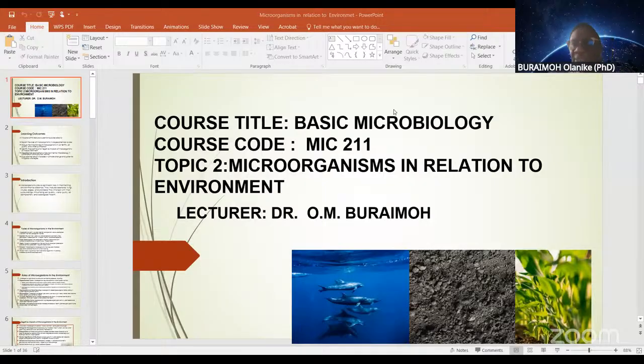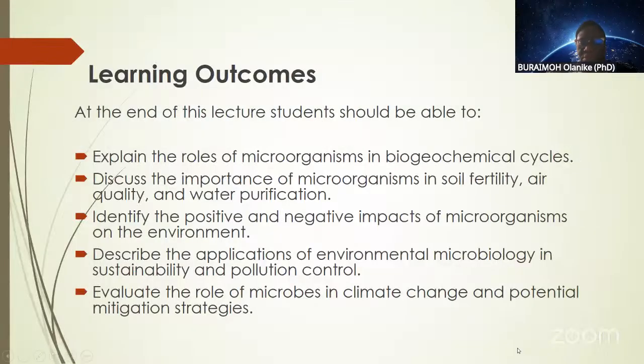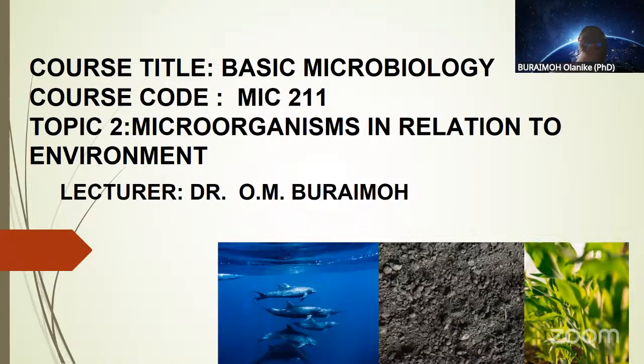So we want to go quickly to our lesson. The time is fast spent. So today we are looking at microorganisms in relation to the environment. Last week, on Tuesday, we talked about microorganisms in relation to food, and we looked at the various kinds of food, how they are influenced by microorganisms.